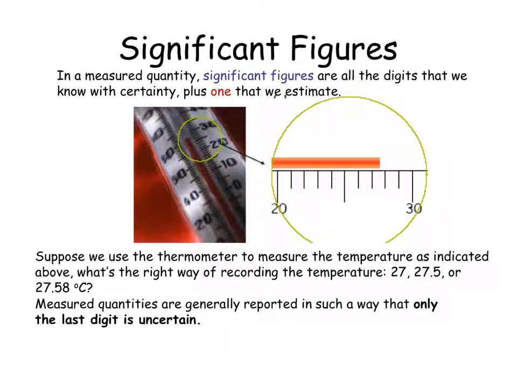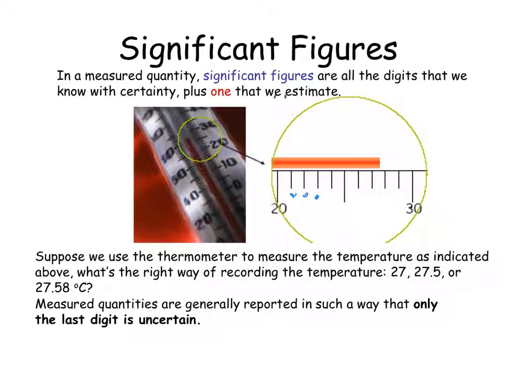If you look at this thermometer here, you can see there are divisions of 1 degree marked on the thermometer, 1 degree, 2 degrees, 3 degrees, etc. The question is asking what's the right way of recording the temperature: 27, 27.5, or 27.58. The way you all will record a measurement is by saying all the digits that you know with certainty from your tool.